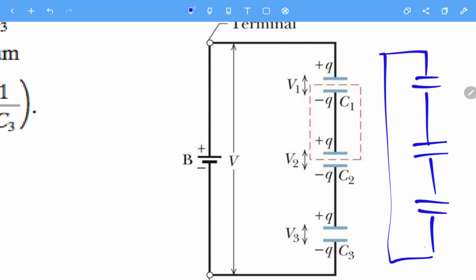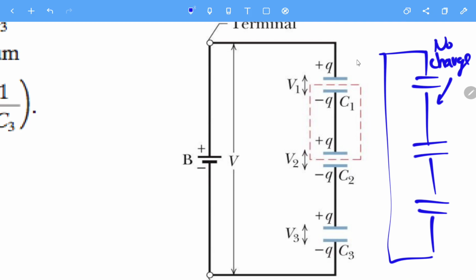If you apply the battery, there will be some charge, but as long as charge is conserved, there should be positive Q and negative Q, and similarly here negative Q and positive Q.